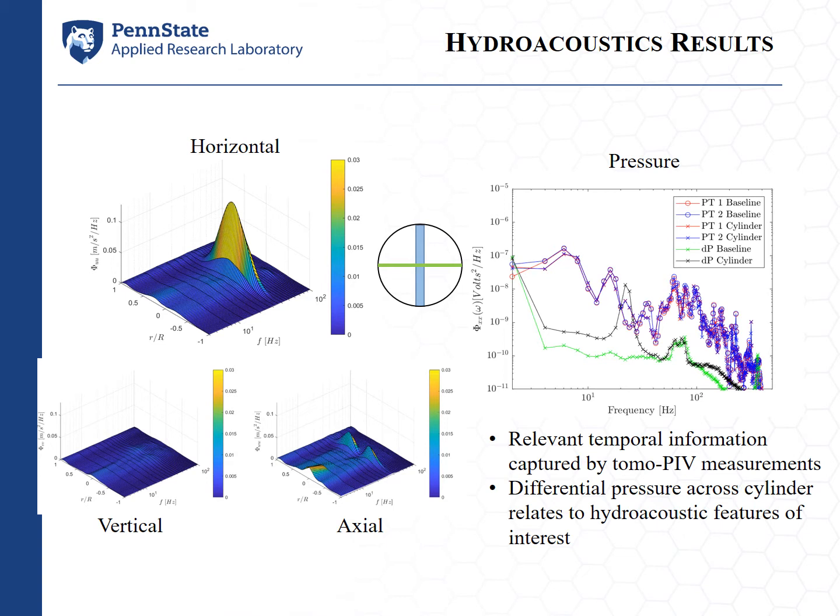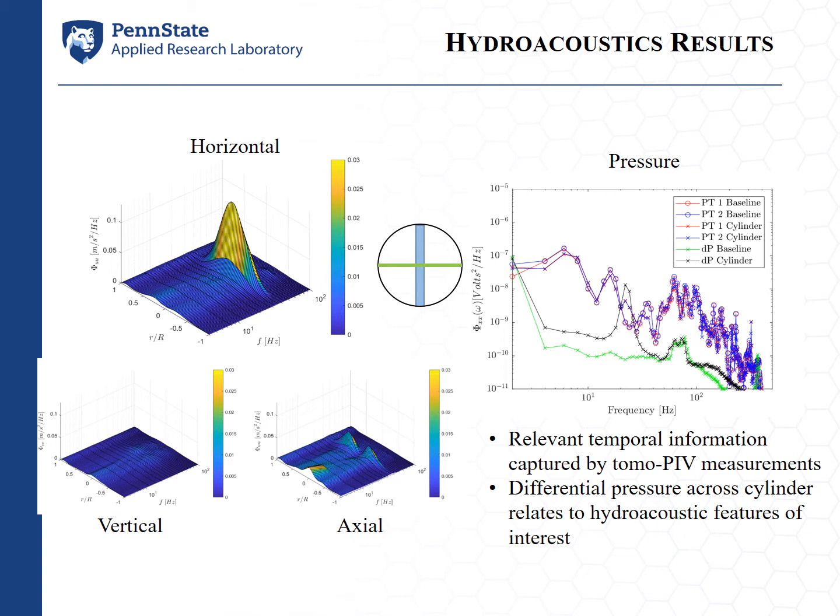And we can see from these red and blue measurements that we're picking up a lot of the background turbulence of the pipe flow. It's hard to discern the specific effect of the actual shedding across the cylinder. But by subtracting these two, we can see quite clearly in this black line, dP cylinder, that our cylinder shedding stands out pretty strongly.